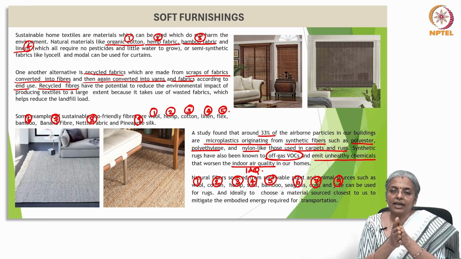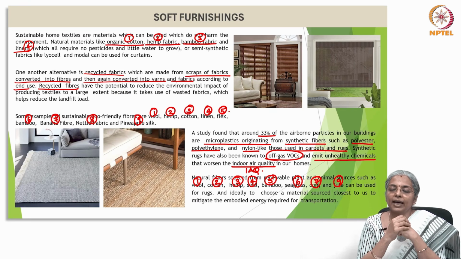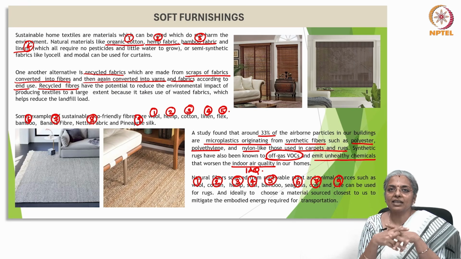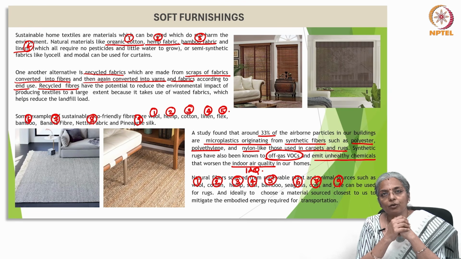So, in today's class we saw a few aspects of how holistically we can incorporate eco-sensitive accessories and some methods to reduce the carbon footprint of the house and also to reduce the energy consumption.